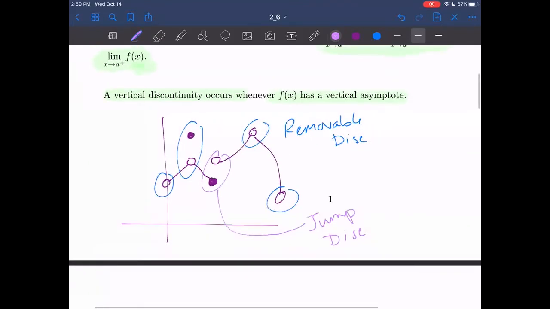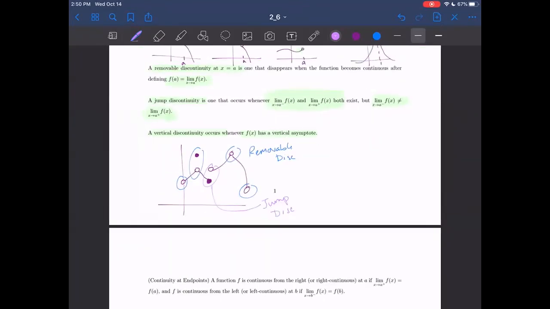So you can have more than one. Those are general discontinuities.